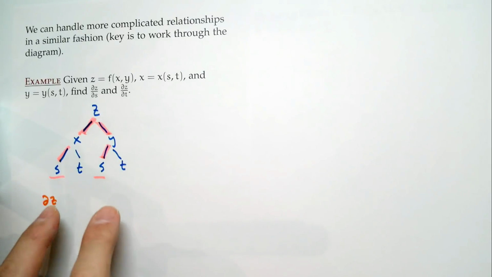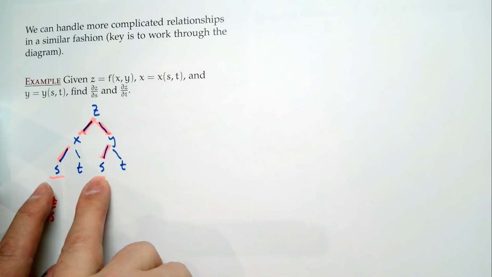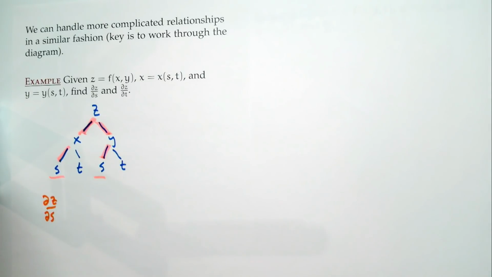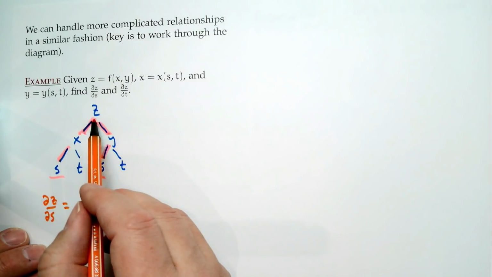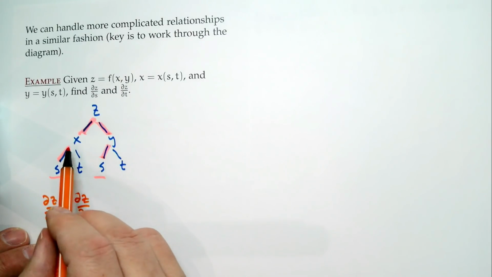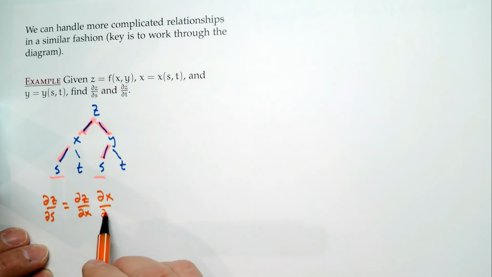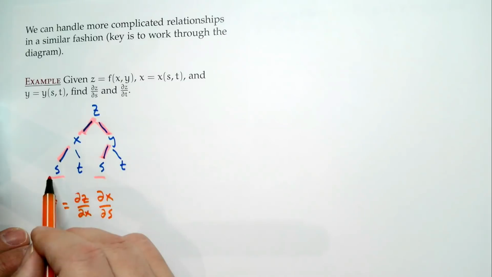So in this case, I'm going to have two terms, one that comes from that s, one that comes from that s. And what are my two terms? Well, first, how does z change with x? Partial z, partial x. And then I'm going to ask, how does x change with s? Partial x, partial s. So I'm working my way down.